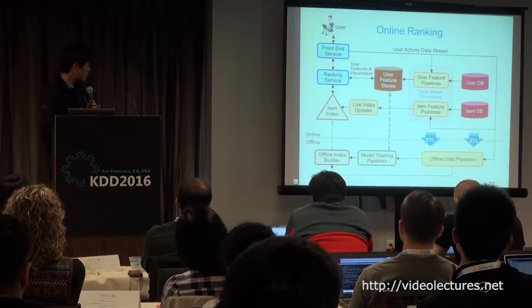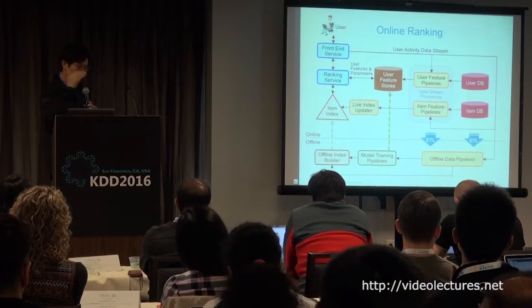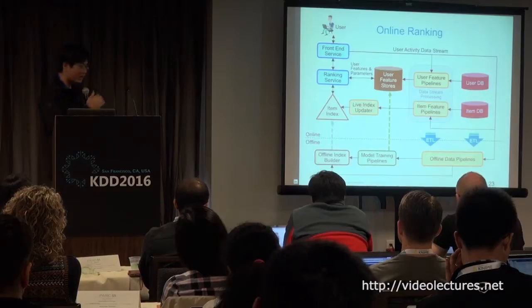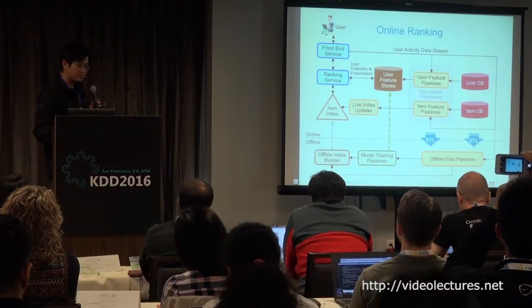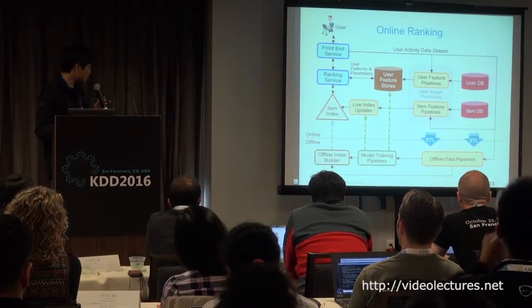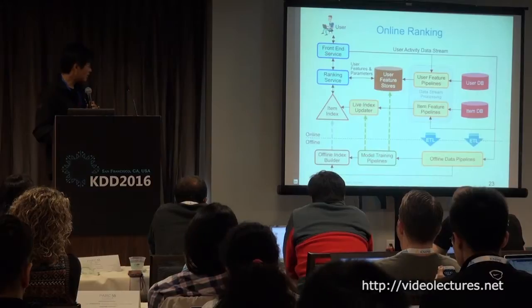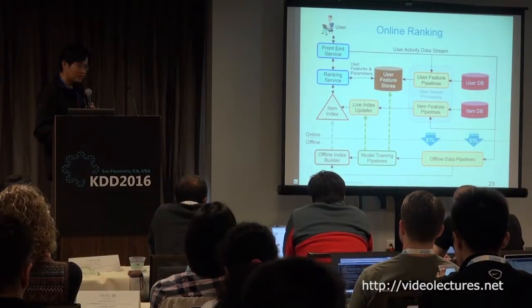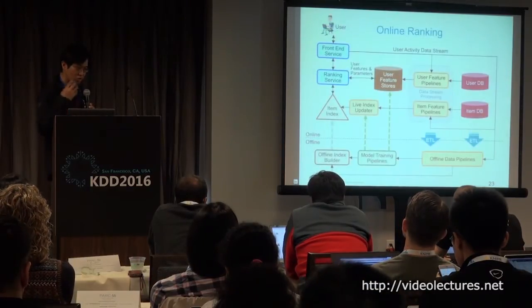So for those, we will be doing online processing using Samza, which processes all the features in a streaming manner and ingests them into the item index. So after we have user features and item features, and also item parameters, also generated offline and pushed to the live index updater, after we have all this ready, then we compute the ranking function and generate the result.